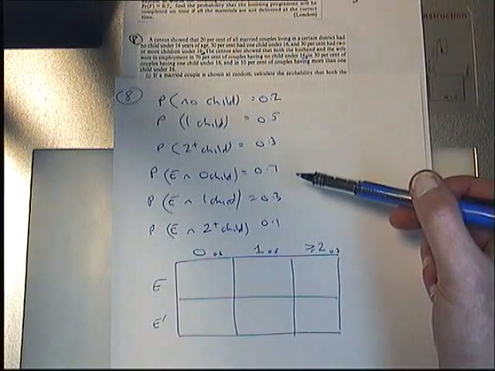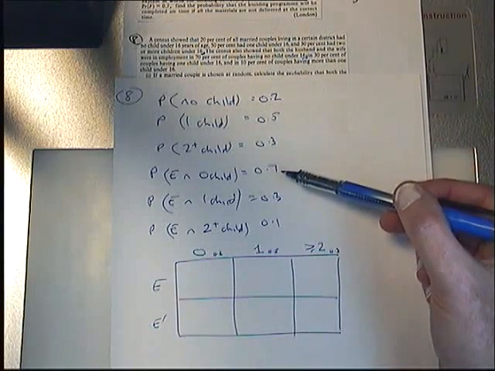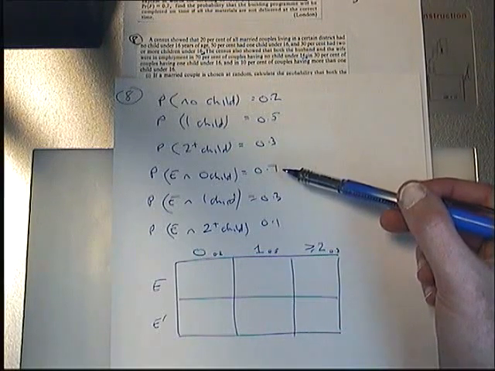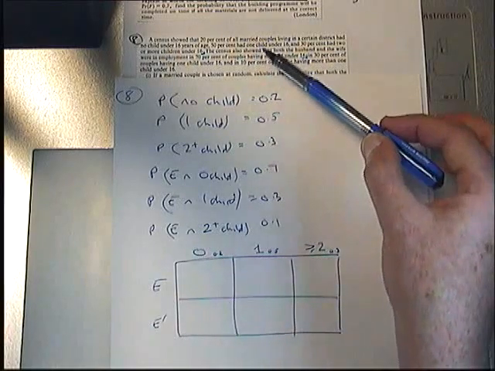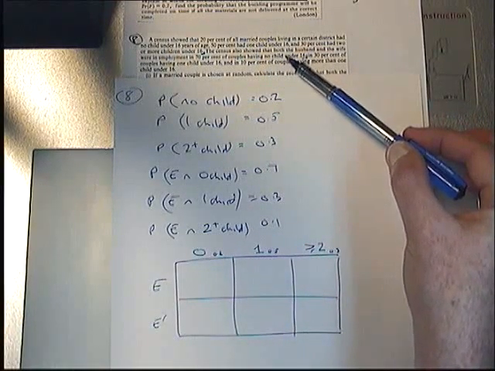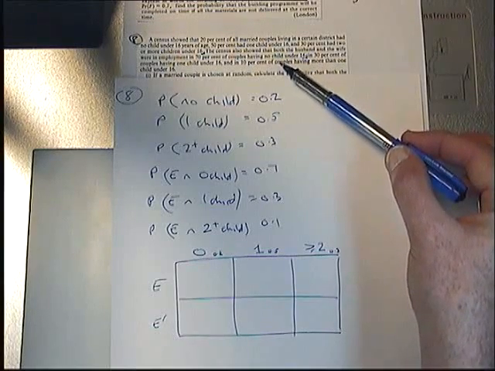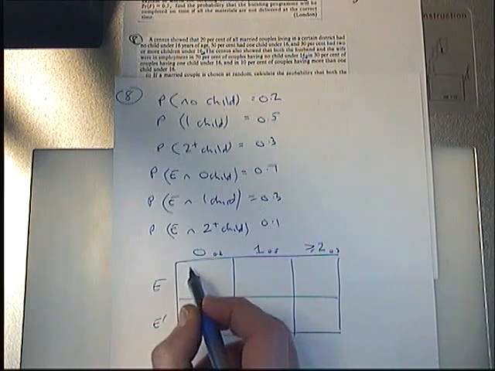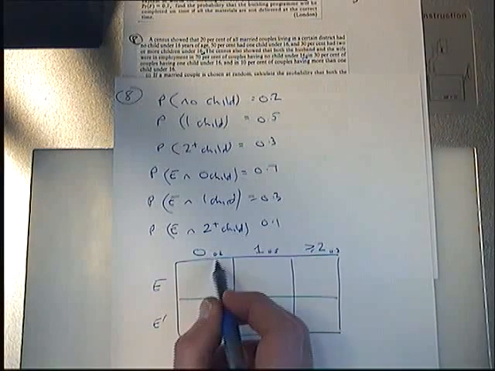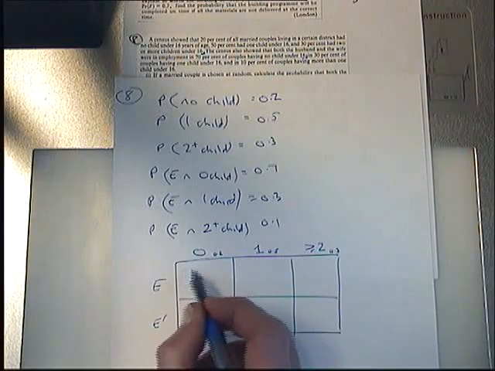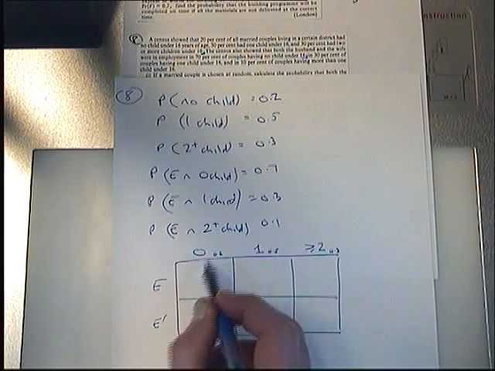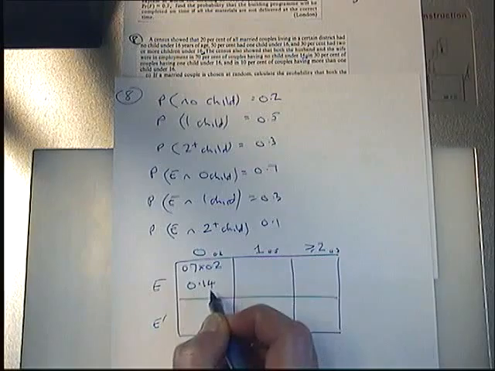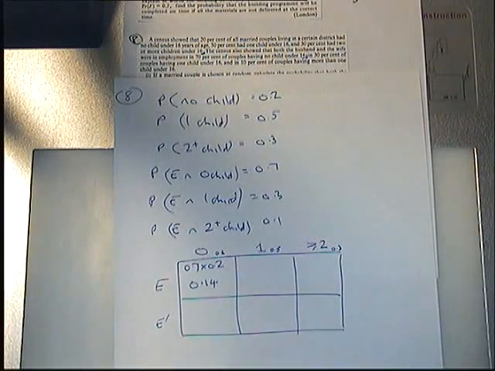Now this one here, this 0.7, that was the probability you are employed given you have no children. Read that one again. Both the husband and the wife were in employment in 70% of the couples having no children. So this probability here, which may answer your question, is 70% of these 0.2s, so 0.7 times 0.2, 0.14 of the families are in employment with no children.